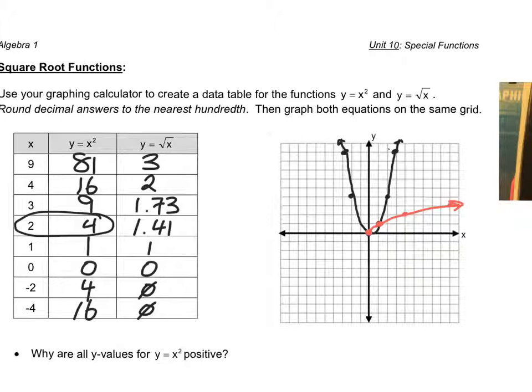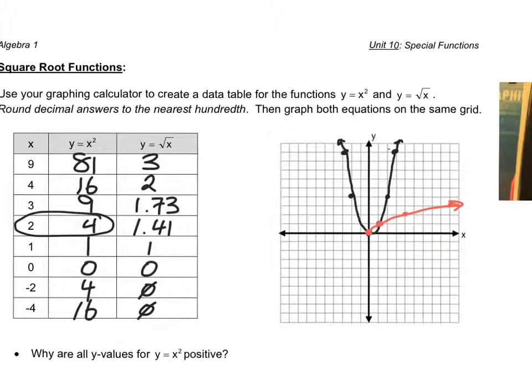The problem is, if I took this entire parabola and put it on its side, it wouldn't be a function anymore. So I only want one half of it. So it makes sense that this is the way it is. But you can see, based on these no solutions, that while the parabola exists for all values of x, the square root radical function does not. So we have to account for that.